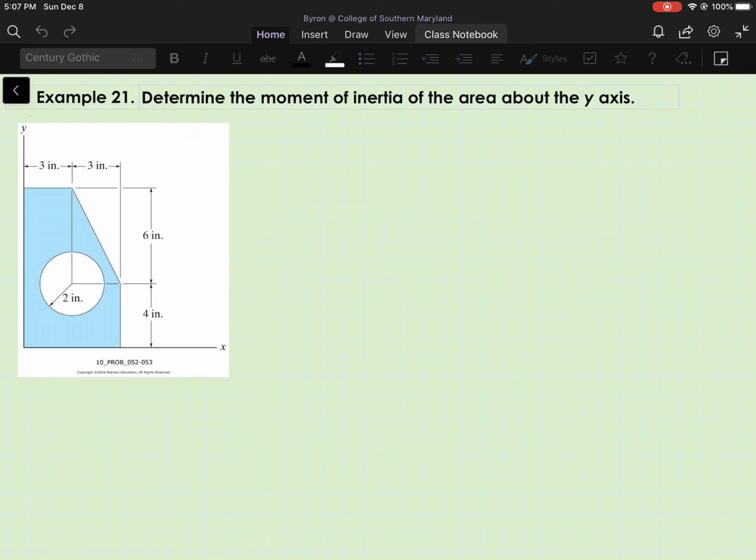In this problem, we're asked to determine the moment of inertia of the area shown about the y-axis.